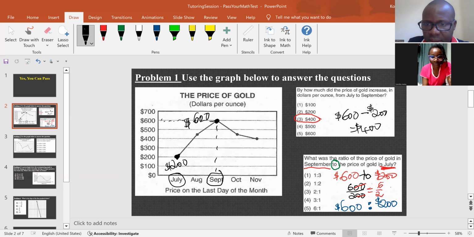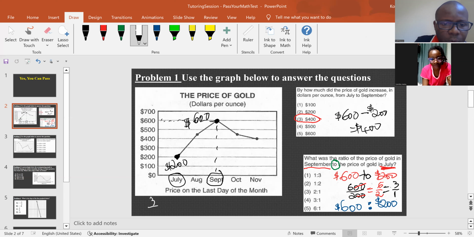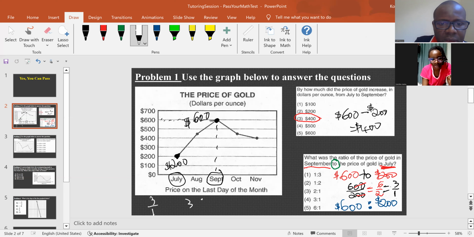Can we divide 2 by 2? 1. So you have 3 over 1, which we say as 3 to 1, or 3 colon 1. That is a ratio of something to something.